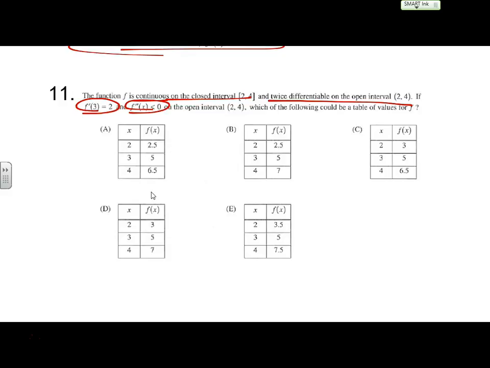All right. F prime of 3 equals 2 means the rate or slope at 3 is 2. What else do we know? What is F doing at 3?